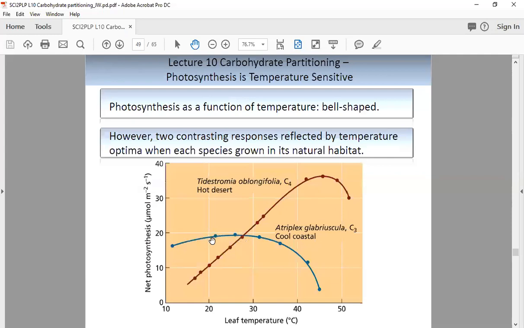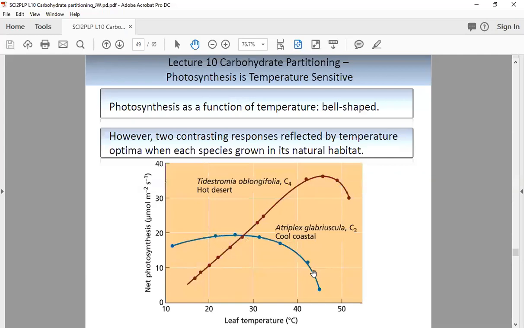The flat top of the curves, so we can say here for the C3 and then up there for the C4 plant, represents the temperature range at which temperature is optimum for photosynthesis, so obviously optimum for the photosynthetic enzymes. And then we have the descending part of the curves, as you can see there.